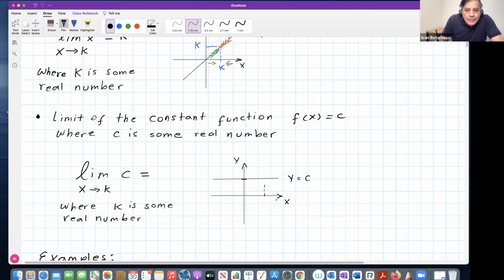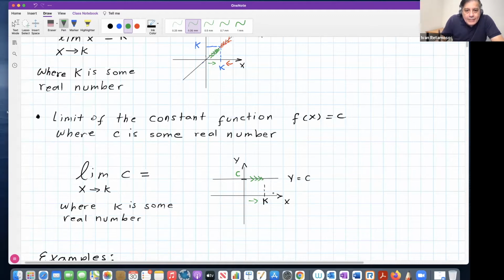But now we're trying to figure out the limit. So if we consider k to be here, and we approach this k first from the left, the corresponding output values, since the constant function is paired up with this real number c, they all approach c.